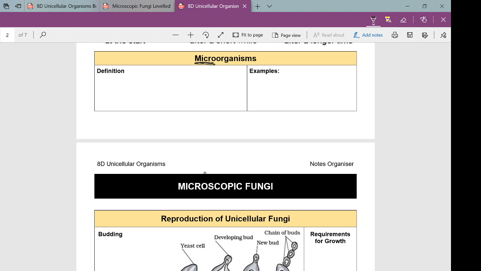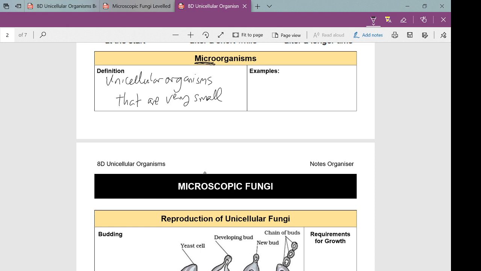So what are microorganisms? Microorganisms are unicellular, so one-cell organisms, that are very small.